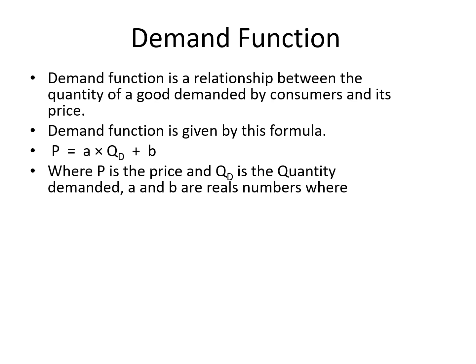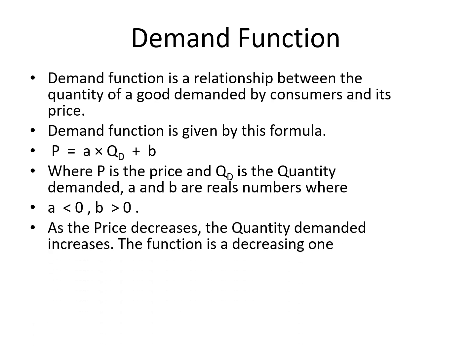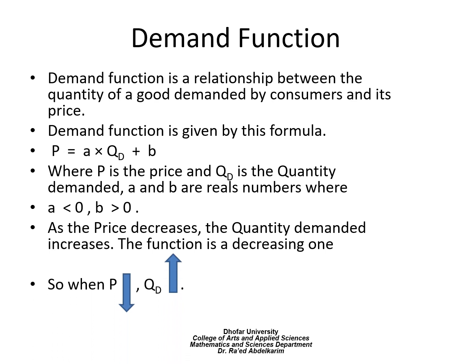A and B in the above relation are real numbers, where A is less than 0 and B is larger than 0. So A will be a negative number, B will be a positive number. Which means that as the price decreases, the quantity demanded increases. This function is called a decreasing function. So when P is decreasing, Q is increasing.